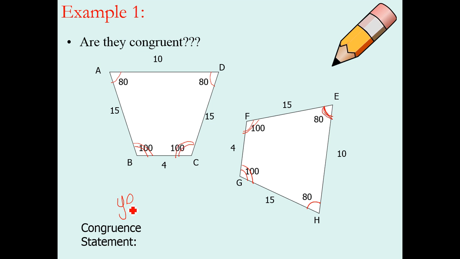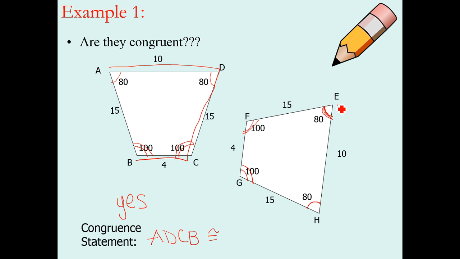So yes, they're congruent. The congruent statement now is us writing those letters that mark the vertices in the correct order. So let's say I go A to D to C to B. If I make my first one be A, D, C, B, then I have to say it's congruent to, and I have to carefully choose the next letters on the other shape over here to match that same outline.